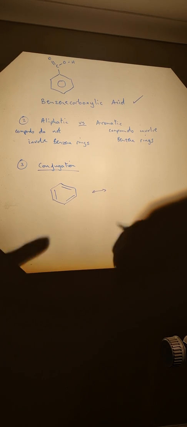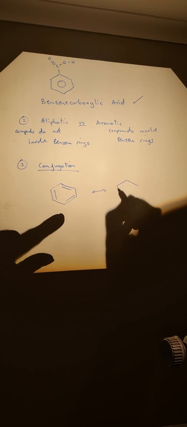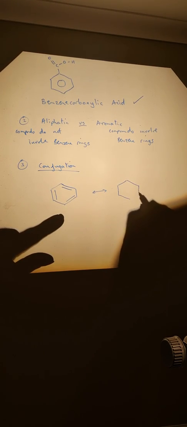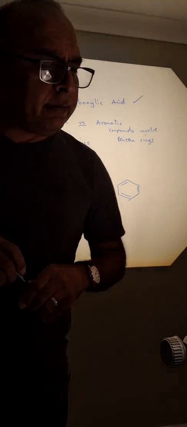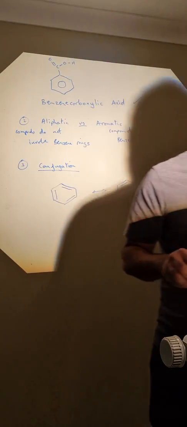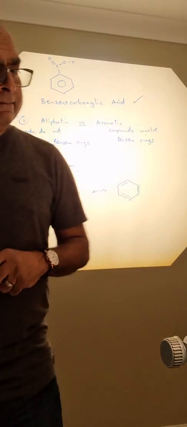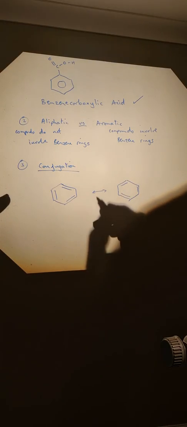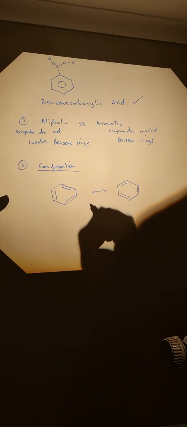If you have C6H6, you can draw it like that, or you can put the double bonds in the other positions, like there, there, and there. And what some people think about is that the benzene structure flips between the two structures, it oscillates between the two, and these words I'm using, like flips and oscillates, are not right. There is a word that describes this rapidly interchanging between two structures like this, and the word in chemistry is resonance.